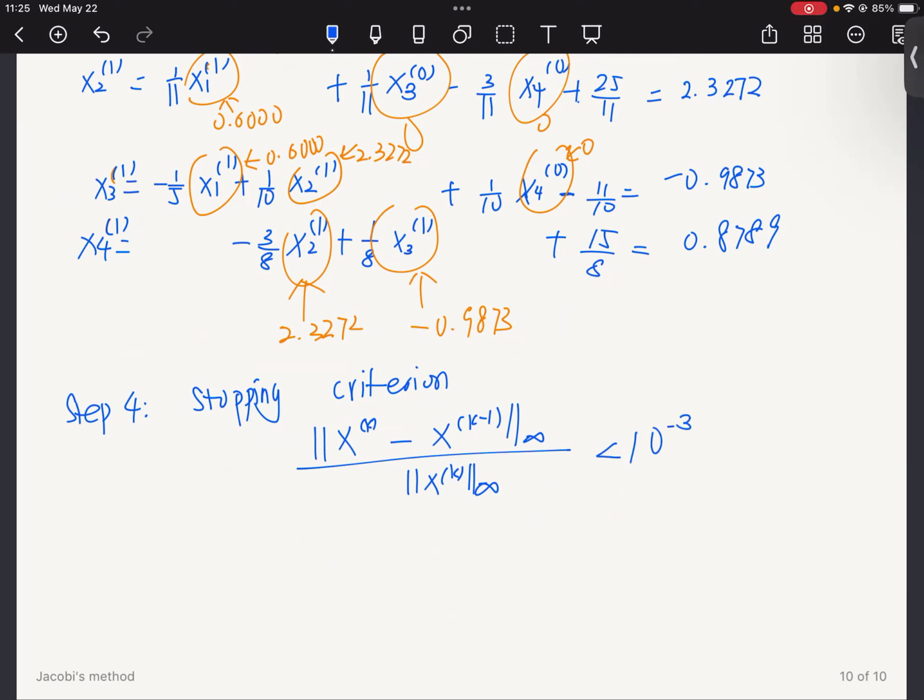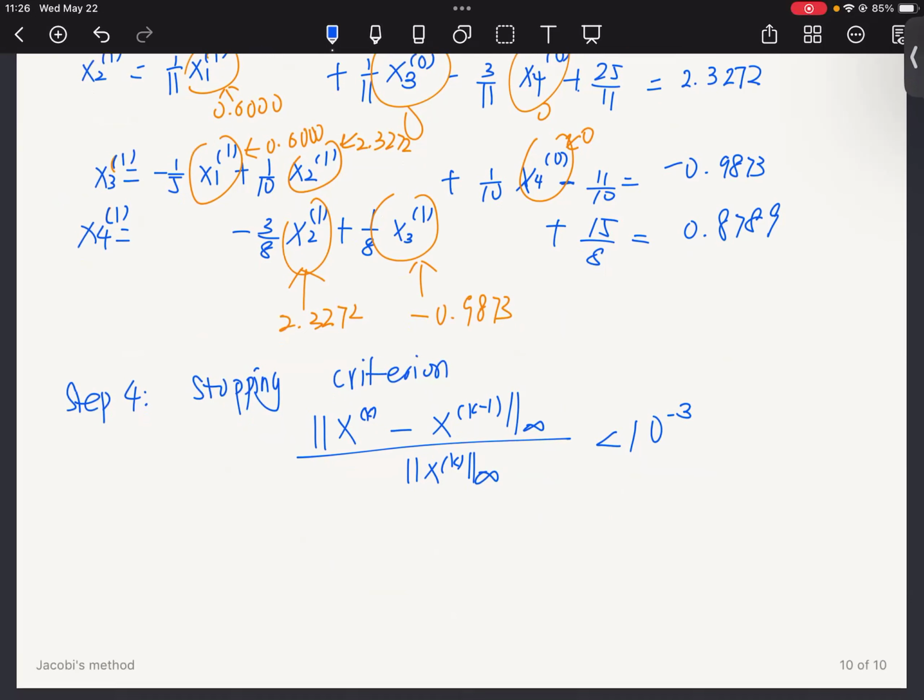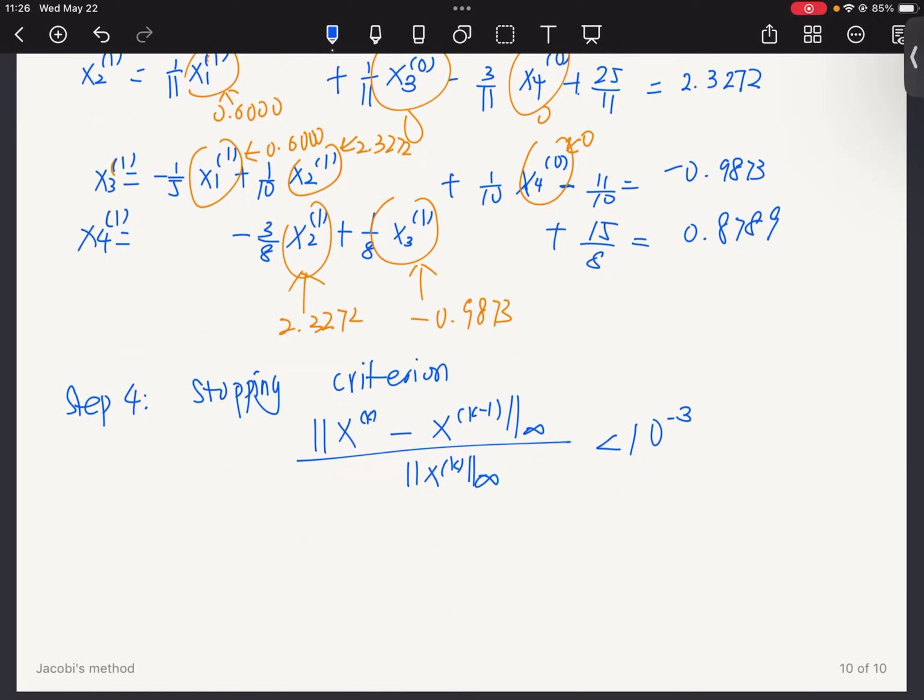I remember I told you why we have this kind of stopping criterion. If this method works, this is a convergent sequence, and because it's a convergent sequence, it is a Cauchy sequence, which means that any arbitrary items after some point have small differences. So here we check this stopping criterion.